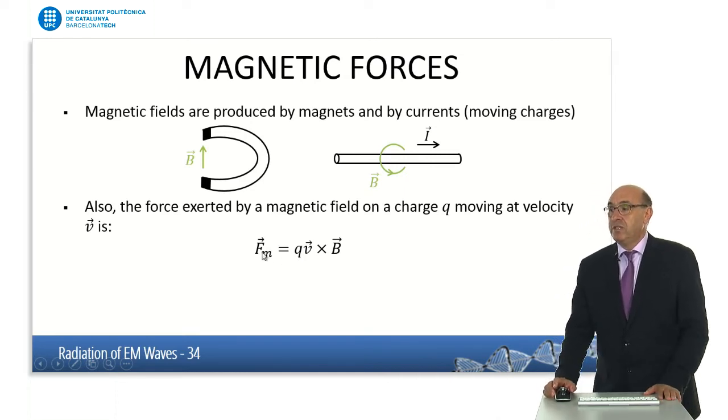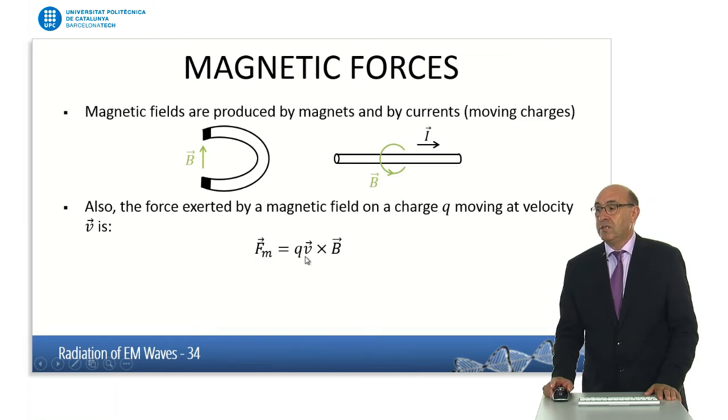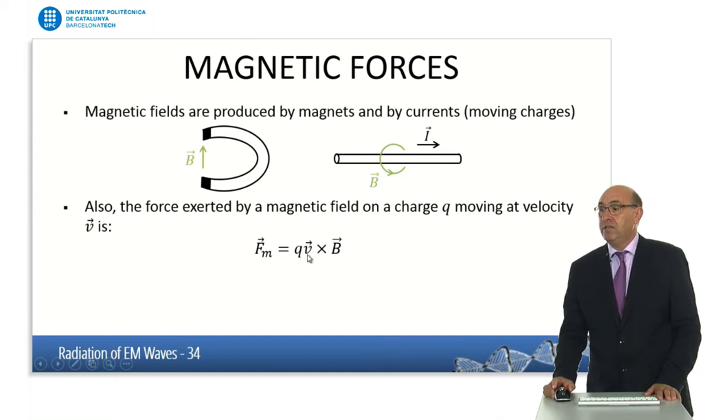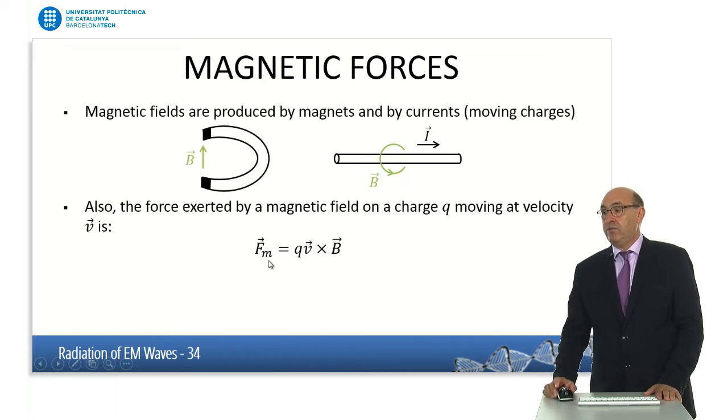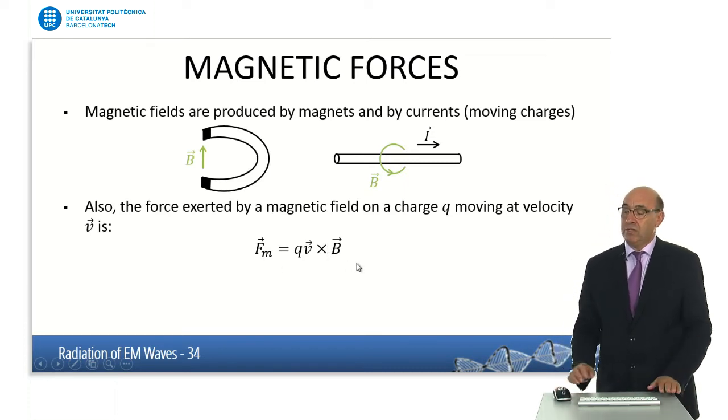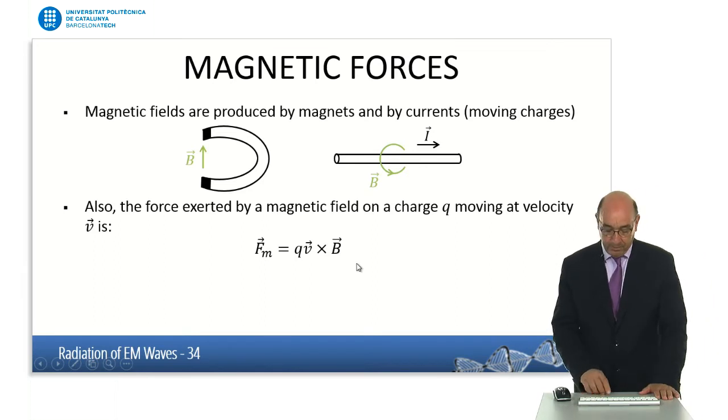And the force is different, because it will not follow directly the magnetic field. In fact, the force will be orthogonal, perpendicular to the velocity and the magnetic field. And this is why we have here the cross product, the vector product. So we have a force which is different to the ones we had before.